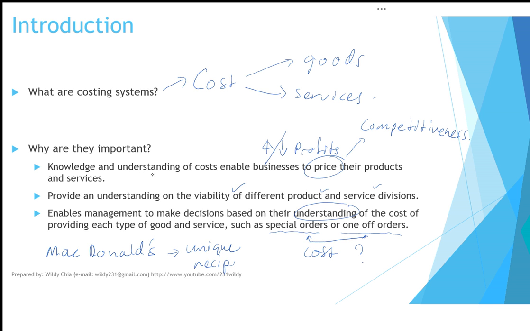If you ask McDonald's for this special burger that they do not even have on the shelf, chances are McDonald's may not even want to accept your special order. The reason being that special orders require more time and a certain amount of effort to fulfill. So management needs to understand whether all these special orders and one-off orders are worthwhile fulfilling and accepting.